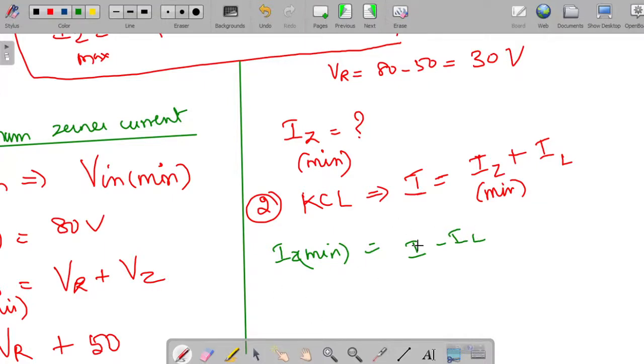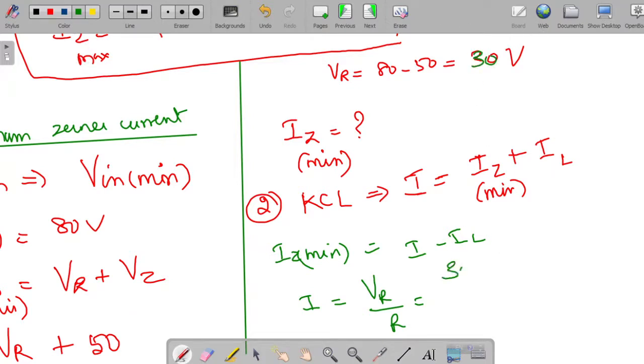Here these two parameters we should know. How to calculate this I? Very easily, I is VR by R. VR value we have just found out as 30.